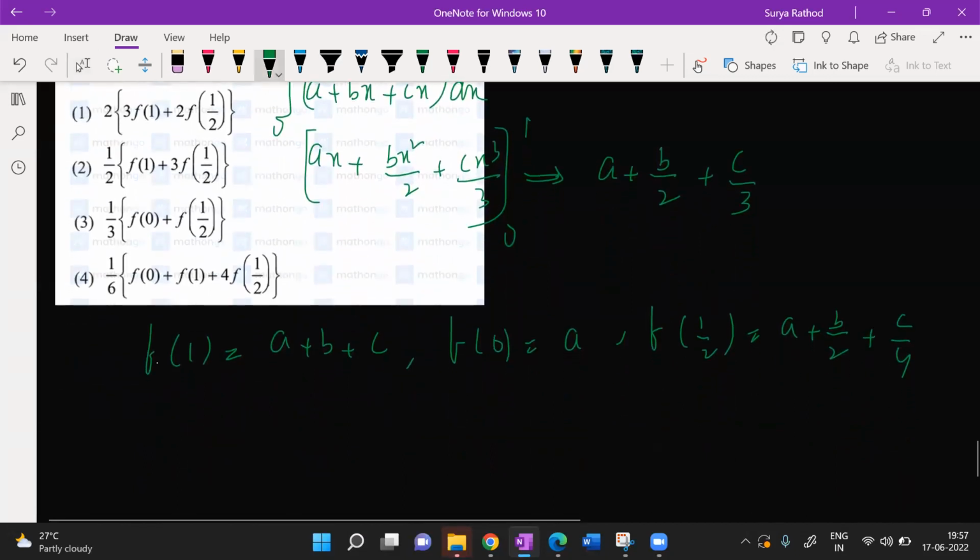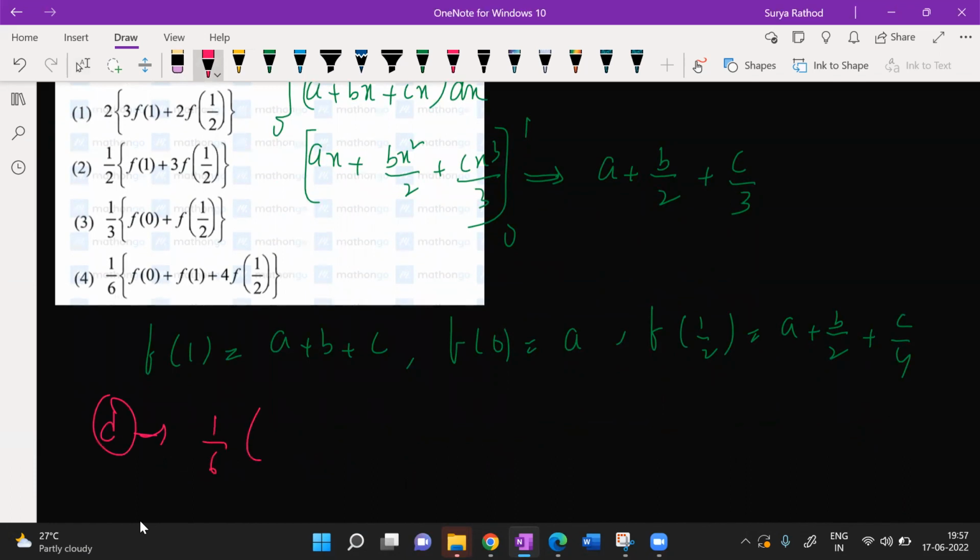Let us go option by option. 3 times f of 1, it is not matching. 3 times a plus b plus c, no. 3 of f of 1 by 2, 3a, no. I think option D.